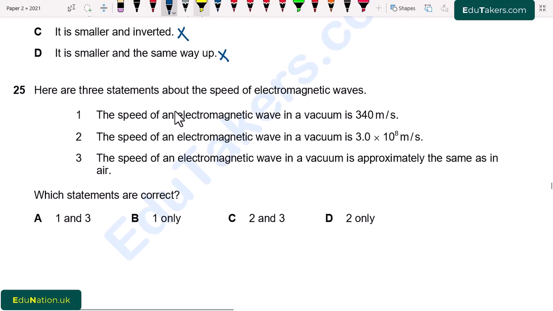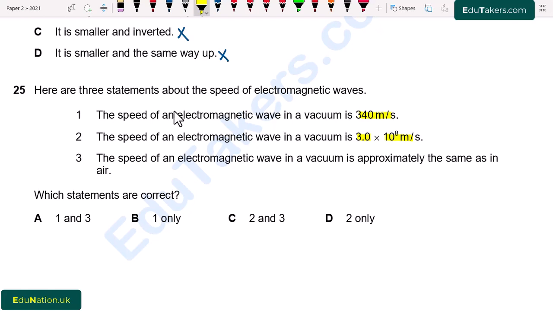Question number 25. Here are three statements about the speed of electromagnetic waves. 1. The speed of electromagnetic waves in vacuum is 340 meters per second. 2. The speed of electromagnetic waves in vacuum is 3.0 × 10^8 meters per second. 3.